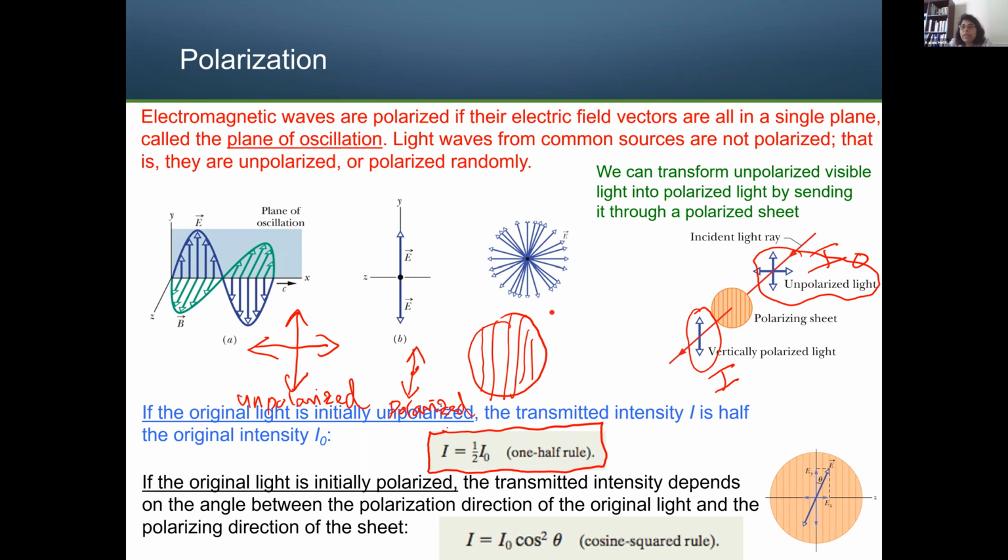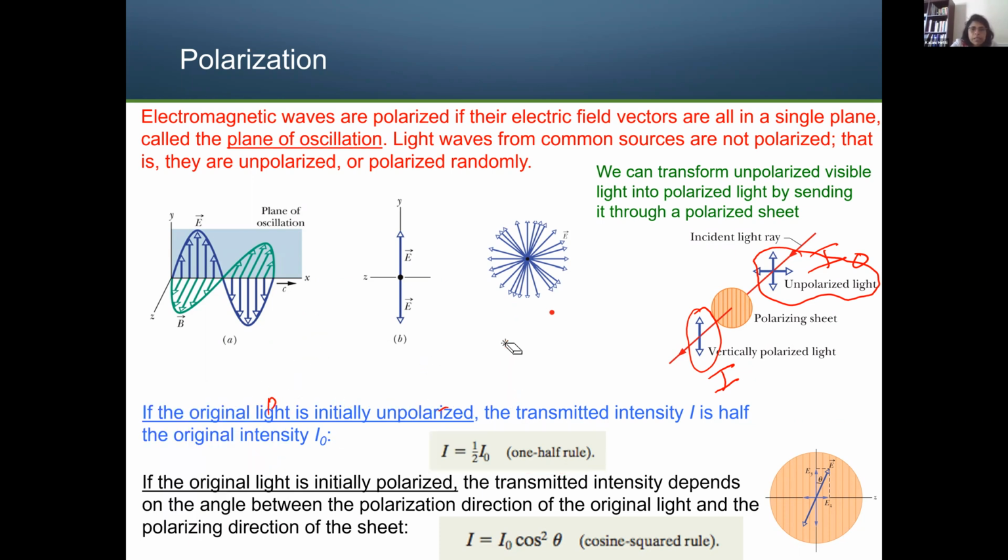But you can actually send polarized light through a polarization sheet. So that's the next example. If you need to send the light that way, then you need to consider what angle you are going to send the light at, right?